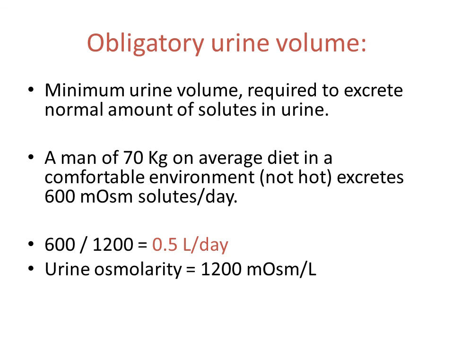So for every liter of sea water drunk, 1.5 liters of urine volume would be required to rid the body of 1200 milliosmoles of seawater and 600 milliosmoles of other solutes like urea. This is the reason why drinking seawater would eventually result in a net fluid loss of 0.5 liters for every liter of seawater drunk, which explains why there is rapid dehydration in shipwreck victims who drink seawater.